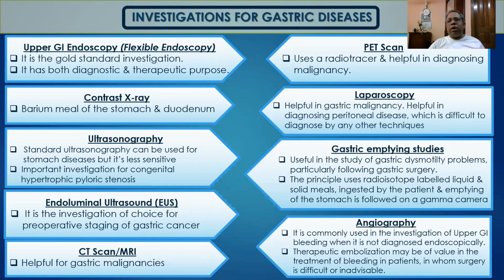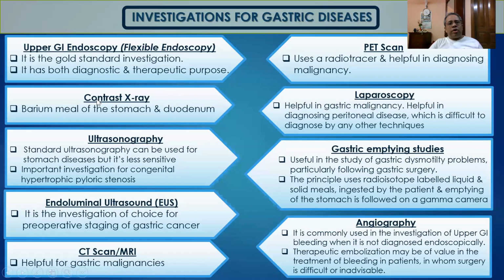It is a flexible endoscope introduced through the mouth into the esophagus, and ultimately goes to the stomach and duodenum. Look inside. It is a gold standard investigation. It is diagnostic, and sometimes we can also do therapeutic procedures by endoscopy.